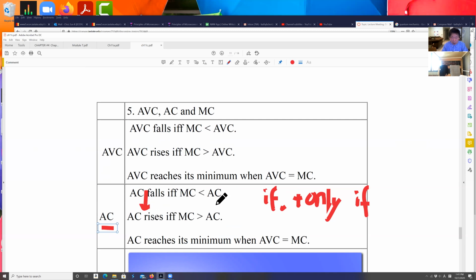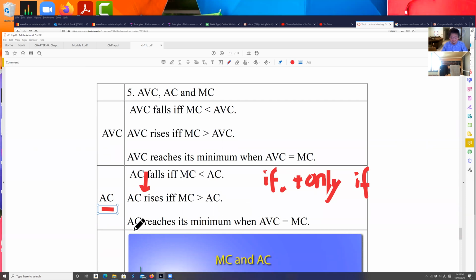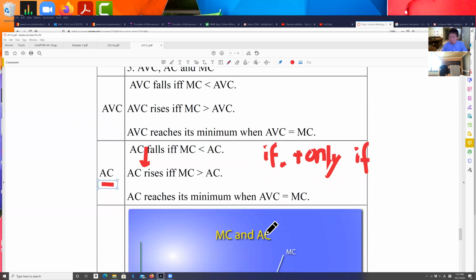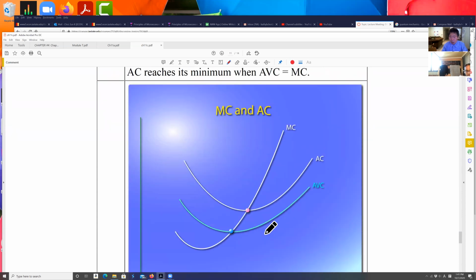And this condition means average cost rises if and only if marginal cost is higher than average cost. Don't forget that. So this means AC reaches its minimum when they are equal. So it looks like this.